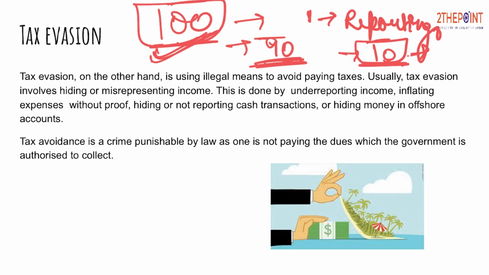Next, another way of diverting your income is sending the money to tax havens. Tax havens are places where the tax rate is very low or it is just not there.